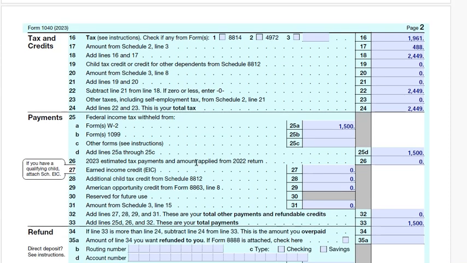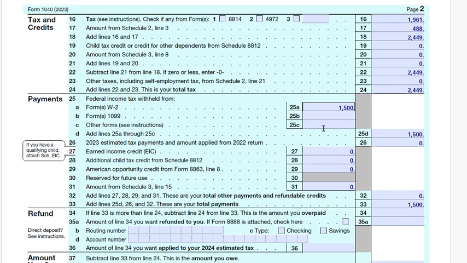And then recorded from John Smith, the single filer, from his W-2, the federal income tax withheld is $1,500. And then nothing here. So 25d is $1,500. Line 26 is 0, and then nothing here. So line 32 is 0. Line 33 is the combination of lines 25d, 26, and 32, and we have 1,500.